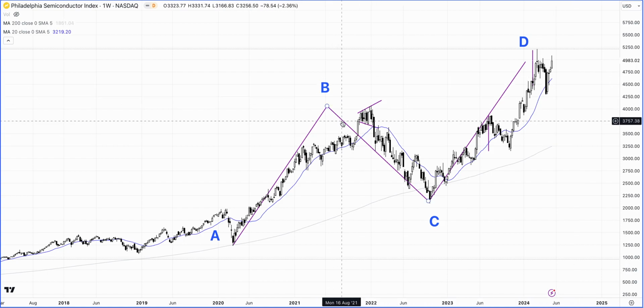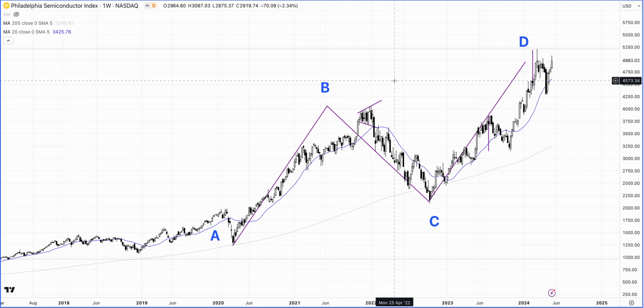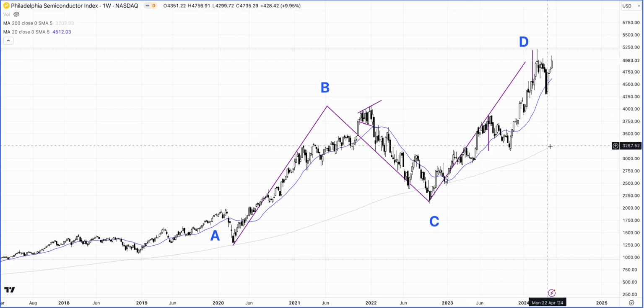This index is pretty important for getting a feeling on artificial intelligence, because a lot of these companies are developing chips for that purpose, or already have those chips. Nvidia is a leader, and the other ones are trying to catch up, but they are also part of this index.